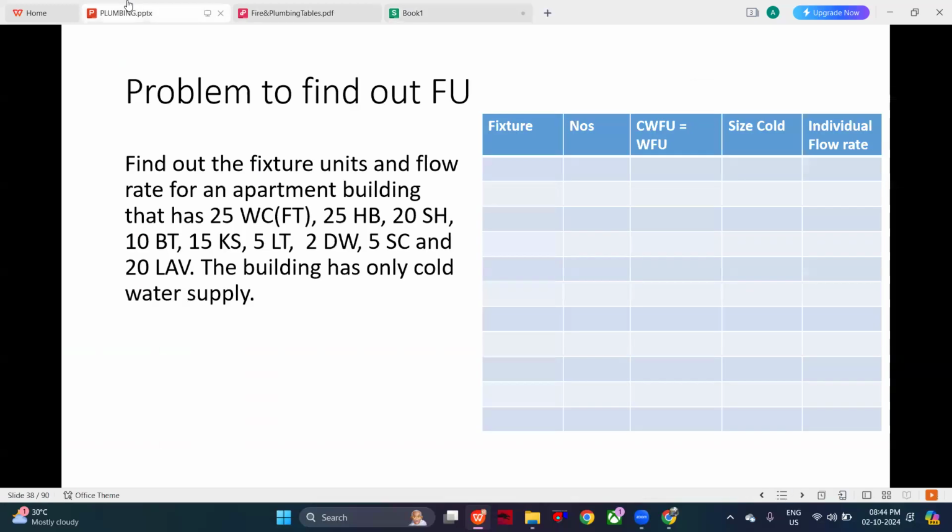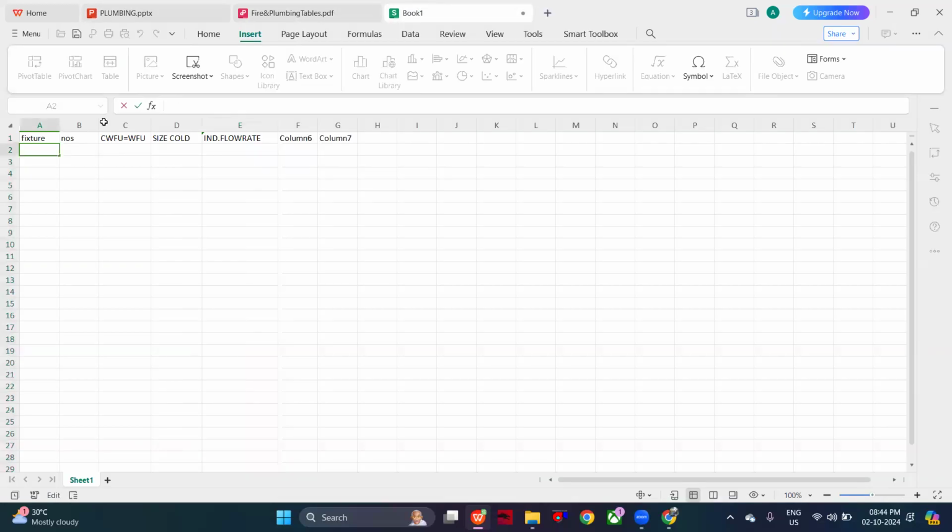So what are the fixtures we have? Water closet, the flush tank.